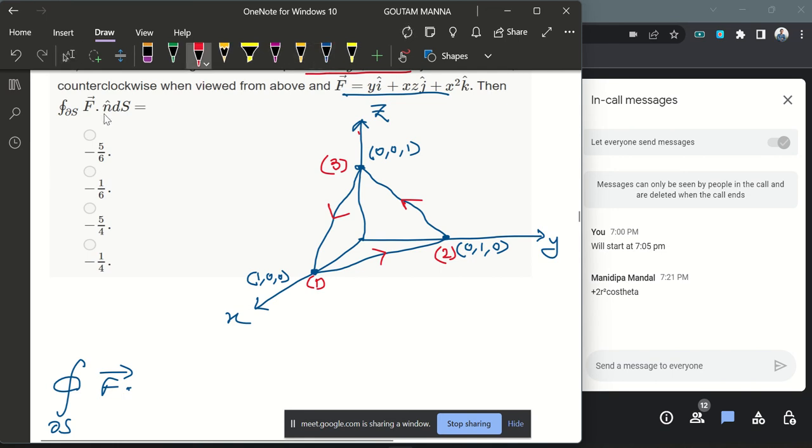For path 1 to 2, n hat is this one. For path 2 to 3, n hat is this one, and for path 3 to 1, n hat is this vector, the unit vector along this direction.